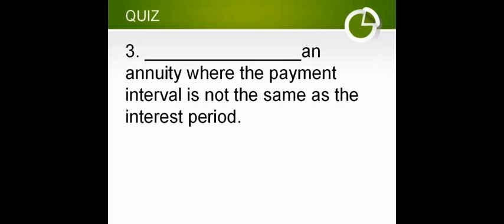Number 3, blank is an annuity where the payment interval is not the same as the interest period.